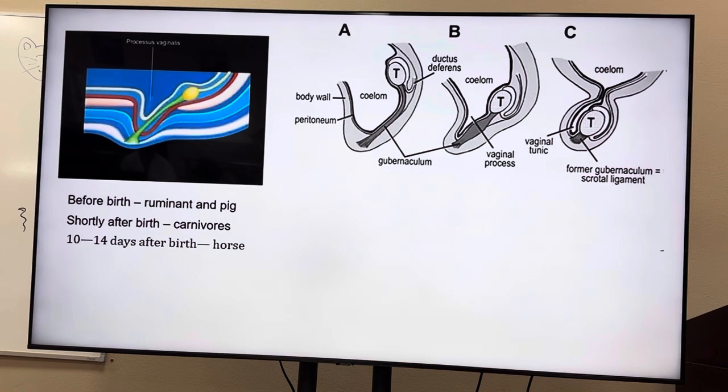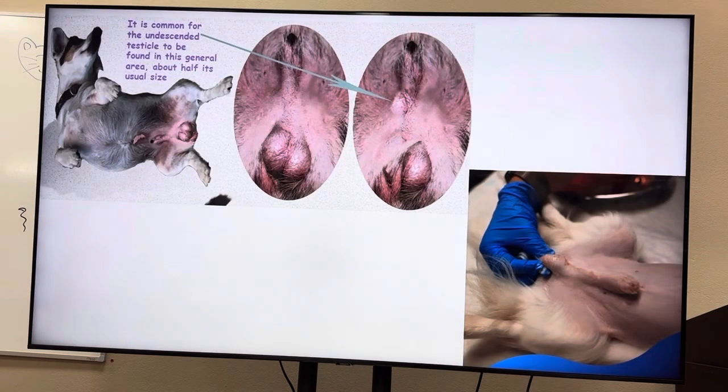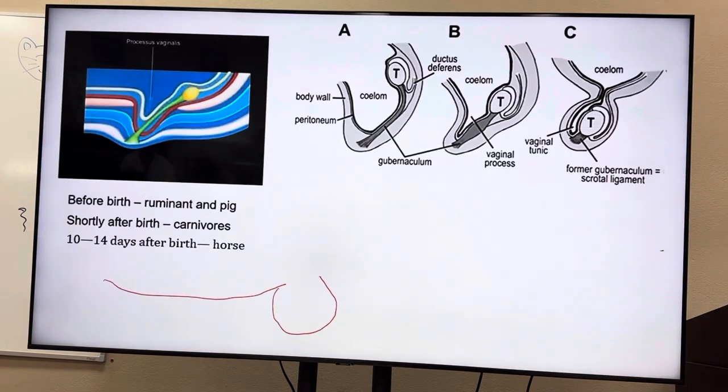So generally, let's say this is the abdominal cavity, and we have the empty scrotum here. No picture here. These come all the way from the same anatomical location as the kidneys.